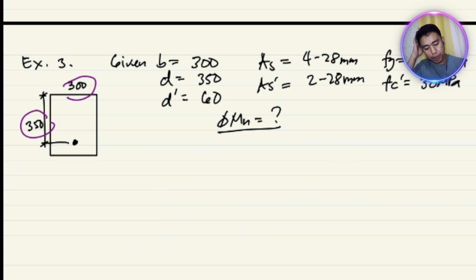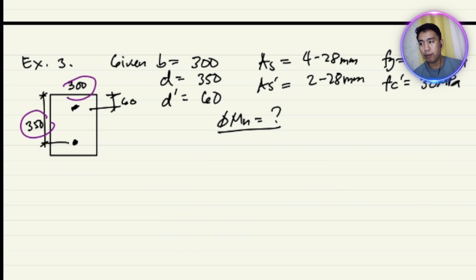So, we have B is 300 and D is 350. D prime, ang D prime natin is 60. Okay. D prime natin is 60. We have area ng reinforcement at the bottom is apat na 28 mm.